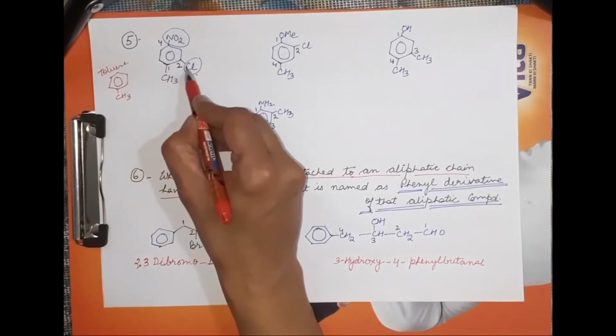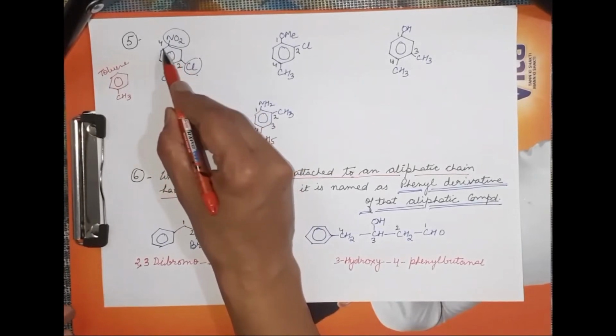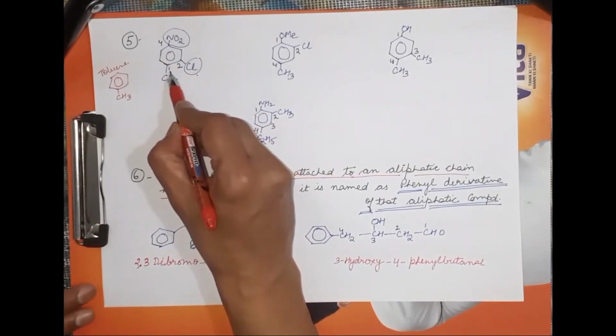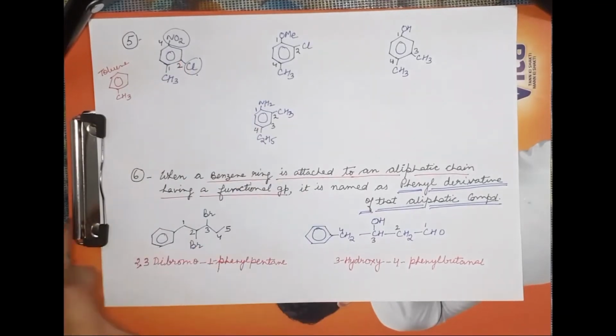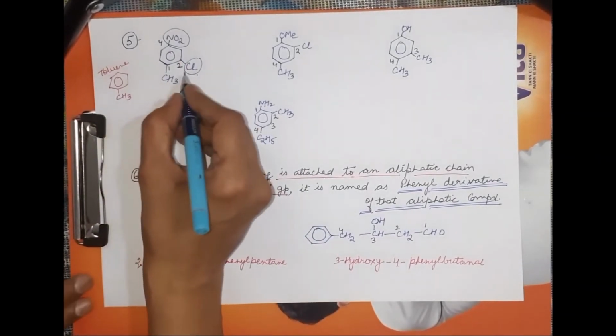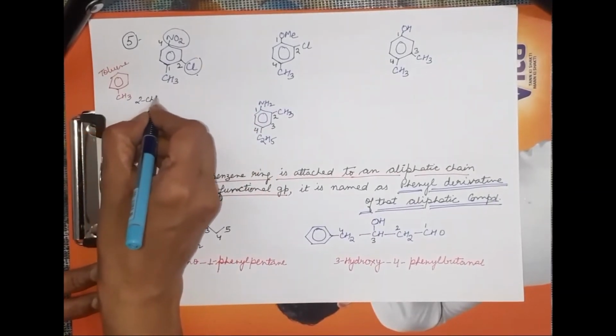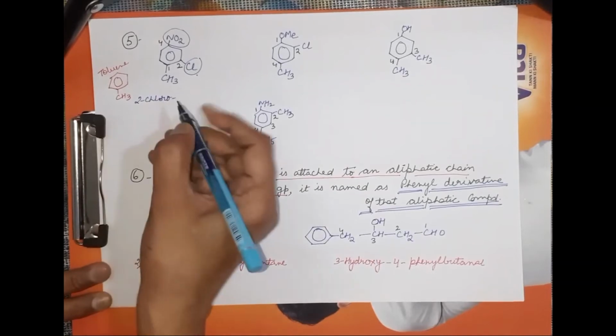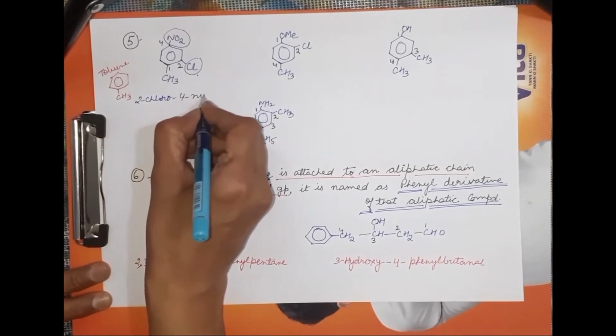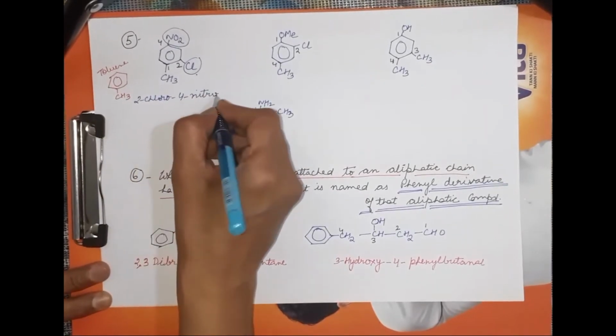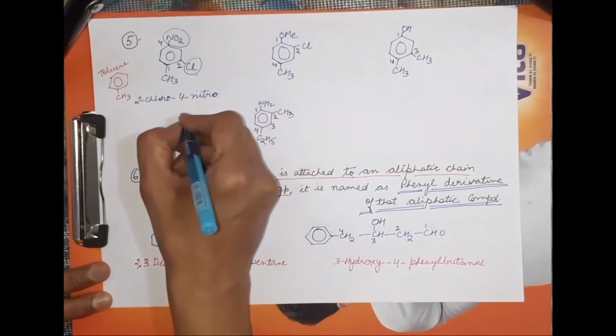First we will do the numbering so that all the substituents get the lower number. So numbering will be like this: 1, 2, 3, 4. Name we will write in alphabetical order as a prefix. So 2-chloro, 4-nitro, toluene.